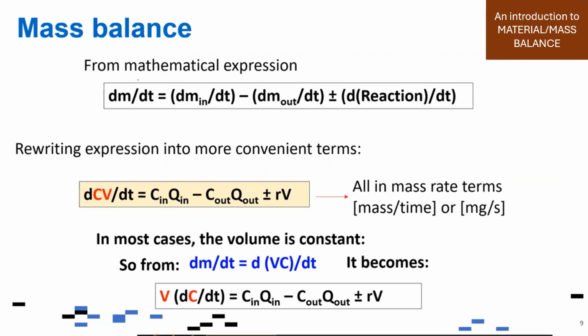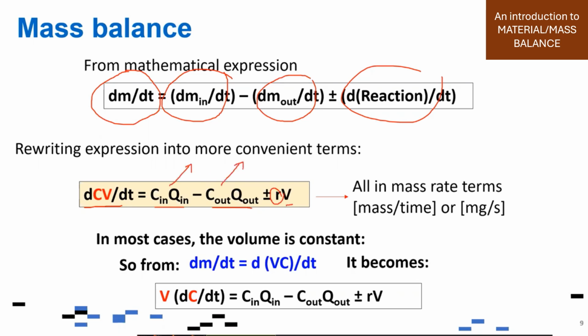As I mentioned earlier, we have mass accumulation here, mass flux in here, mass out here, and reaction. Rewriting this, we have the change of CV over dt, equal to CQ in minus CQ out plus or minus RV, which is the reaction rate times the volume. All of these are mass rates, kilogram per second or kilogram per day.